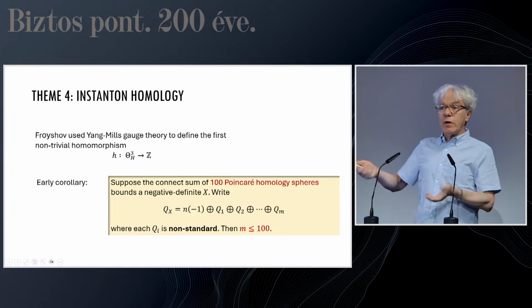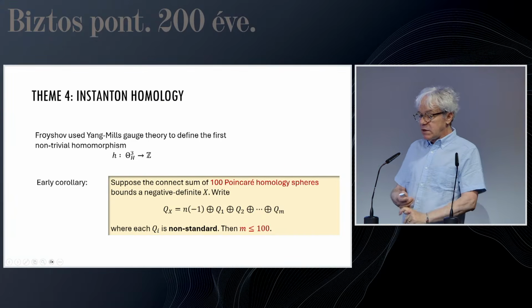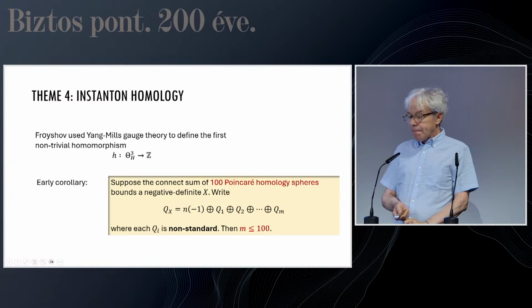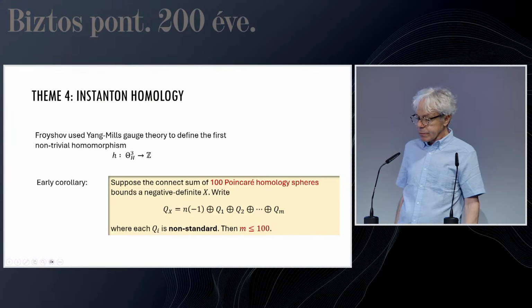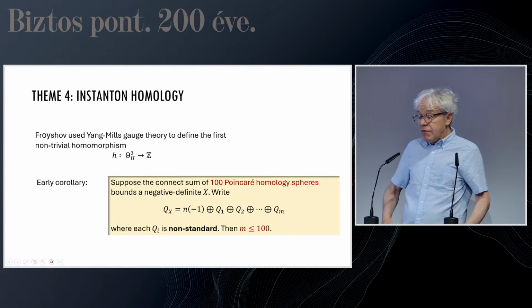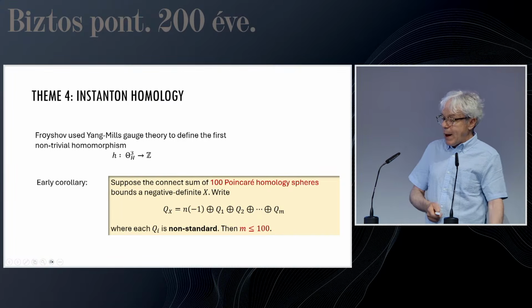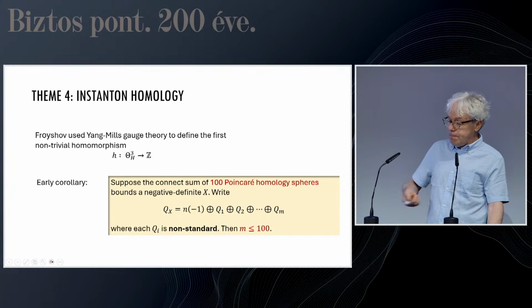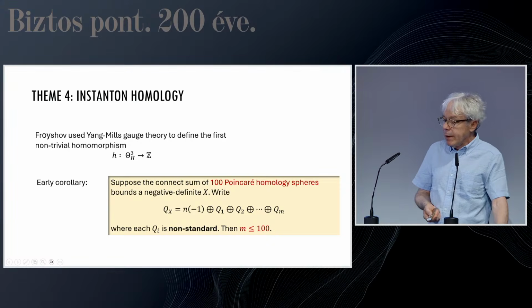You can ask what other quadratic forms arise from 4-manifolds with the same boundary, in particular which negative definite forms can arise. And Frøyshov proved that if there are m summands in the quadratic form of a 4-manifold with the given 3-manifold as boundary, then the number of summands which are non-standard has to be at most 100.